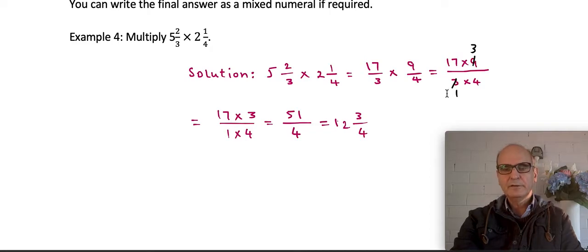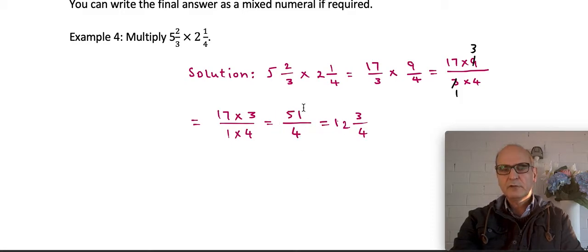So we divide them by 3. 3 divided by 3 is 1. 9 divided by 3 is 3. Now we multiply the numbers that are left. 17 times 3 and 1 times 4. 17 times 3 is 51. 1 times 4 is 4. That is my answer as an improper fraction.